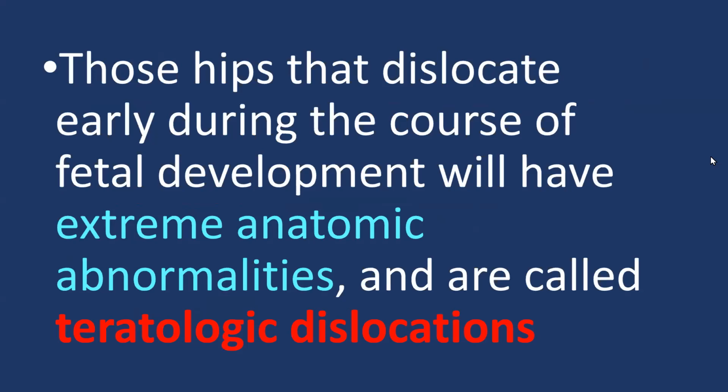Those hips that dislocate early during the course of fetal development will have extreme anatomic abnormalities. They will be so rigid, if you look at dystrophic dwarfism, if you look at arthrogryposis, they are so rigid and very difficult to treat. And these are called teratologic dislocations. These are dislocations that occur within the uterus. They are present within the uterus.